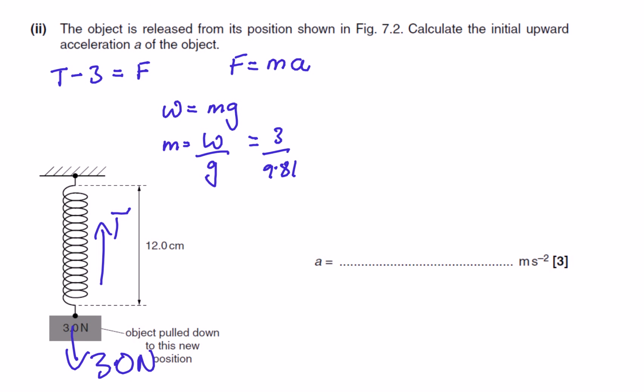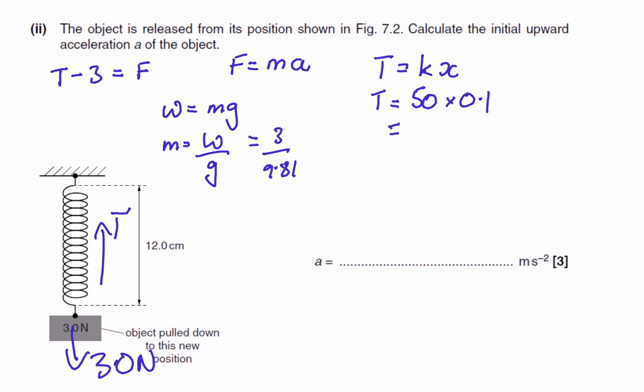Well, the tension T is equal to the force constant multiplied by its extension. So our tension is equal to 50 newtons per metre, and it's been extended by 0.1 of a metre. There's the 10 centimetres. So don't forget that it was 2 centimetres in original length.